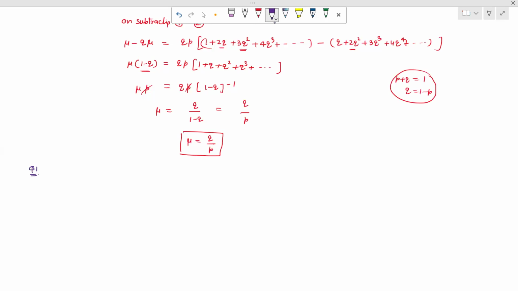So we start the question. Consider a repeated rolling of a pair of fair dice.